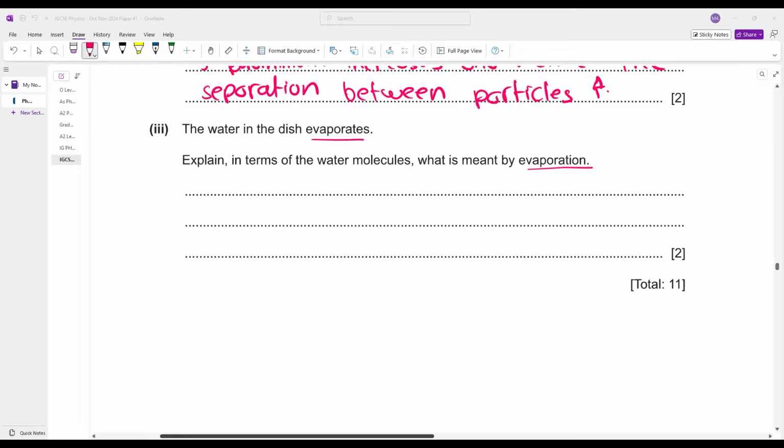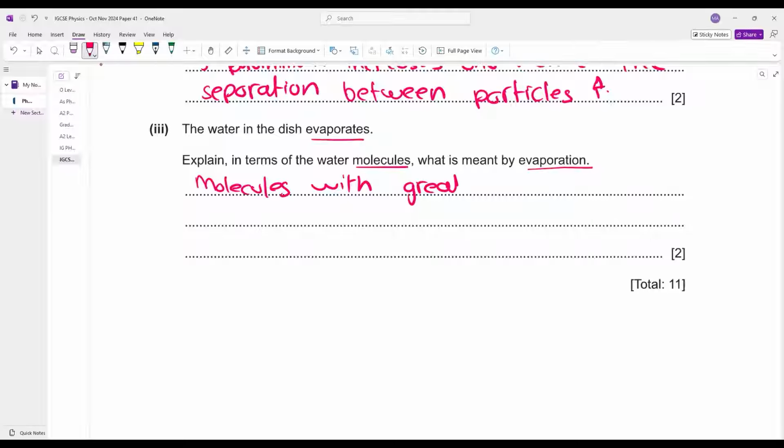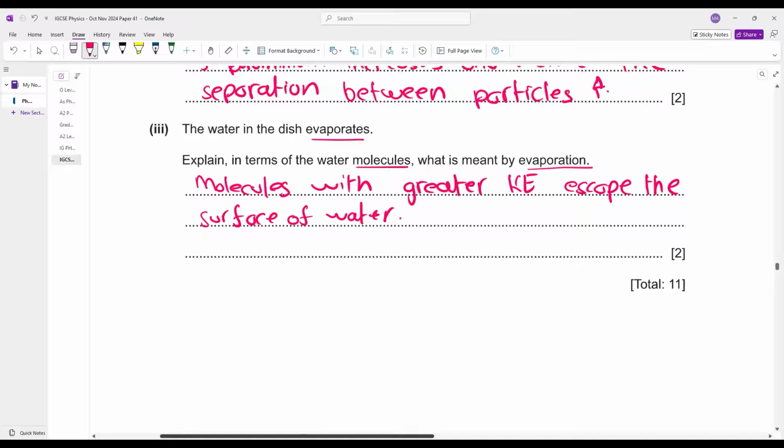You will say molecules या particles कह लो, water molecules देखो specify किया हुआ है तो we will use the word molecules. Molecules with greater kinetic energy escape the surface of water. Molecules with greater kinetic energy क्या होता है?